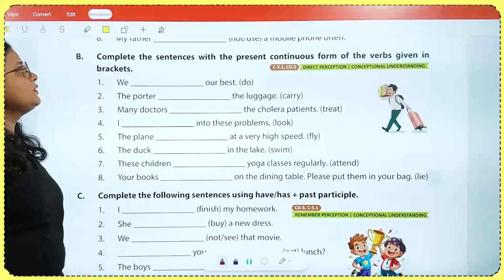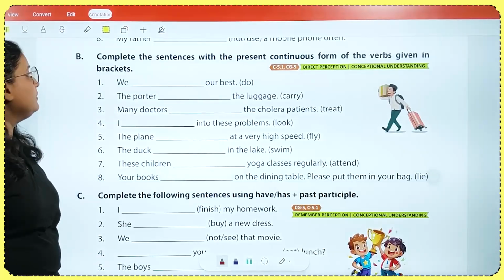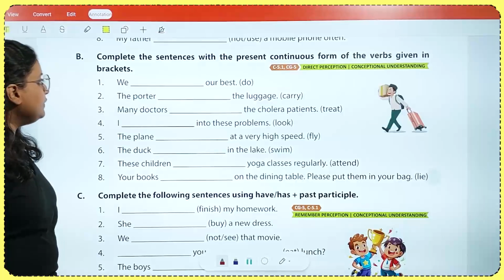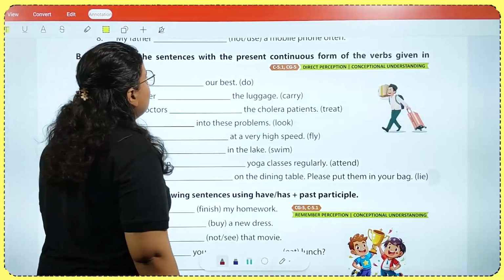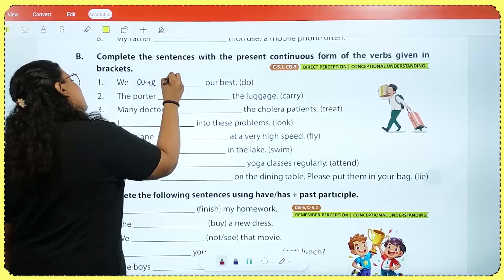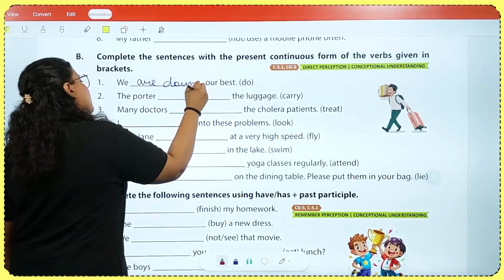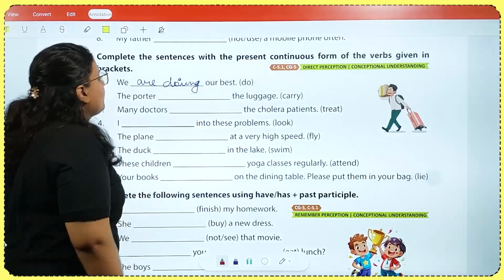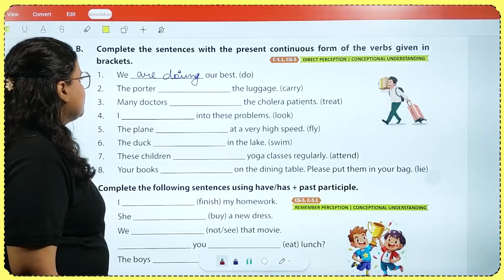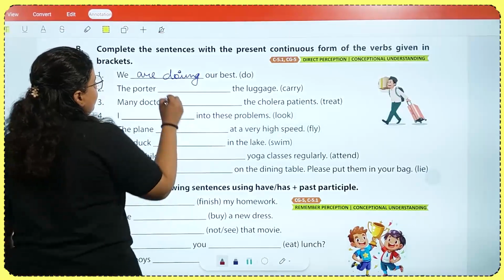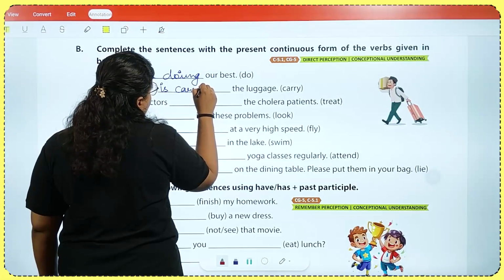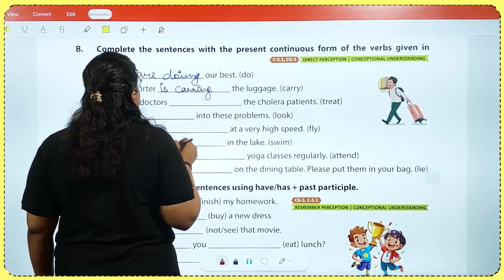Complete sentences with the present continuous form of the verb given in the bracket. We are doing our best. The porter is carrying the luggage.